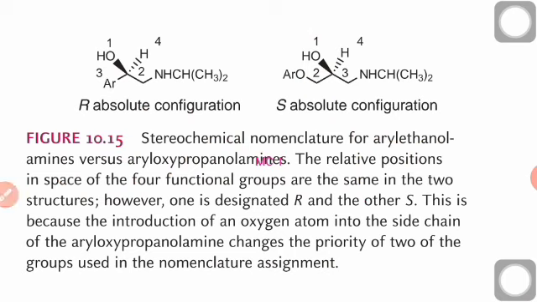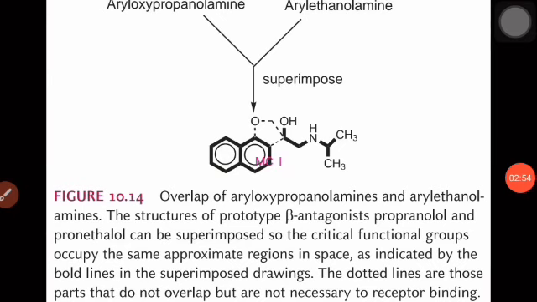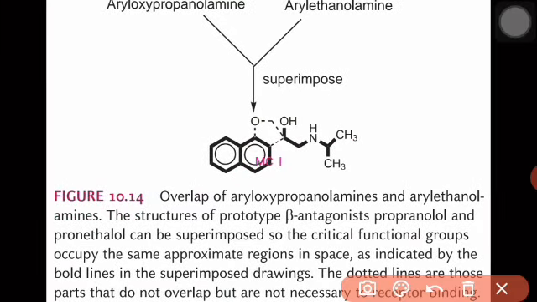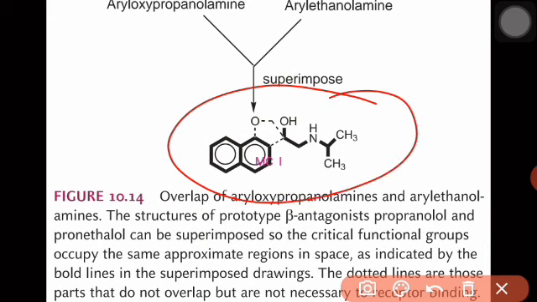This similarity is useful in finding the beta blockers. See the similarity: the superimposed image of propanolamine and ethanolamine. The black areas are similar portions in both propanolamine and ethanolamine.